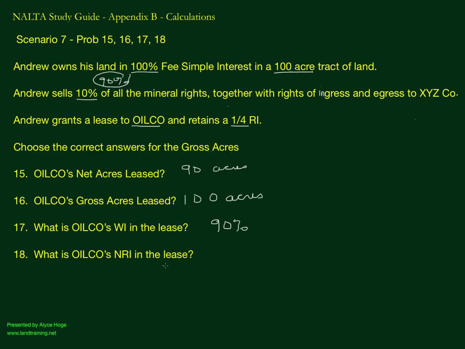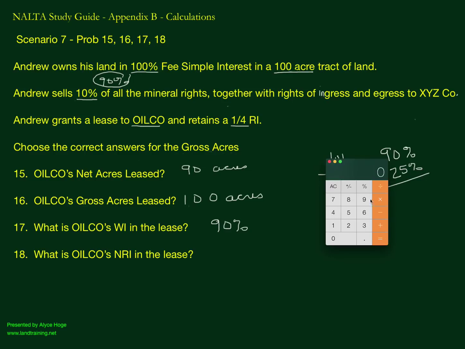What is Oilco's net revenue interest in the lease? So the net revenue interest, remember, is going to be the working interest minus any royalty burdens. So in this case, the working interest is 90% minus 25%. And that's going to give us 90 minus 25 equal 65.